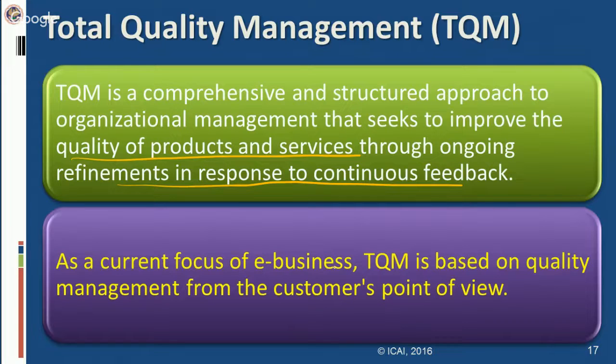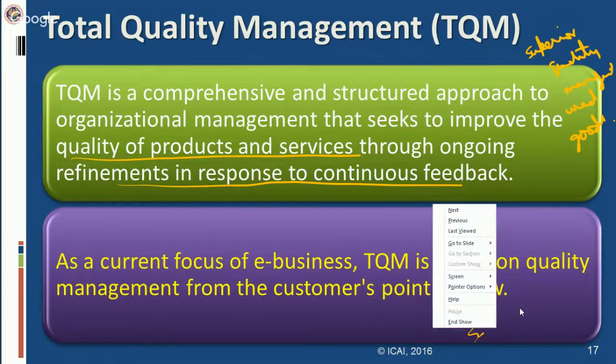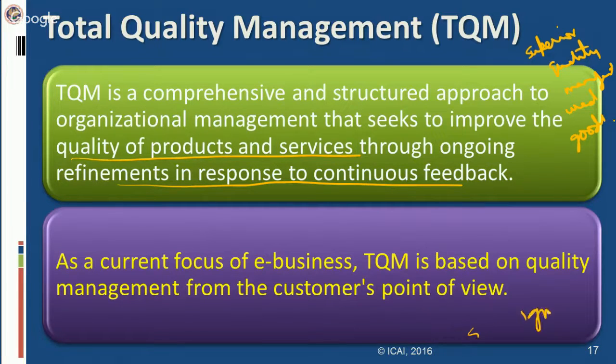So the basic difference between total quality management and Six Sigma is that TQM basically delivers superior quality goods, whereas Six Sigma results in better results overall.